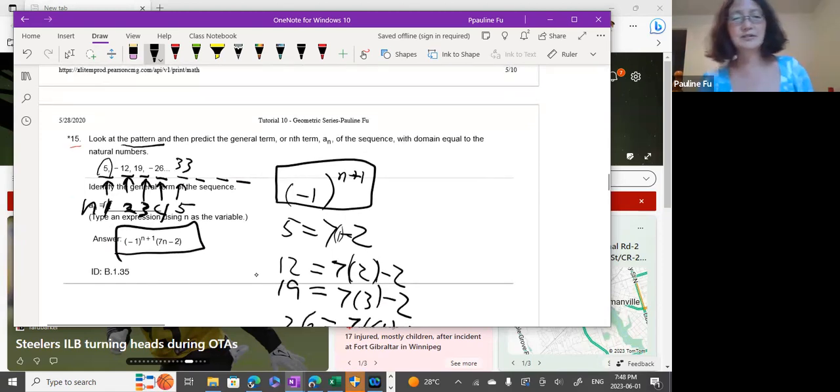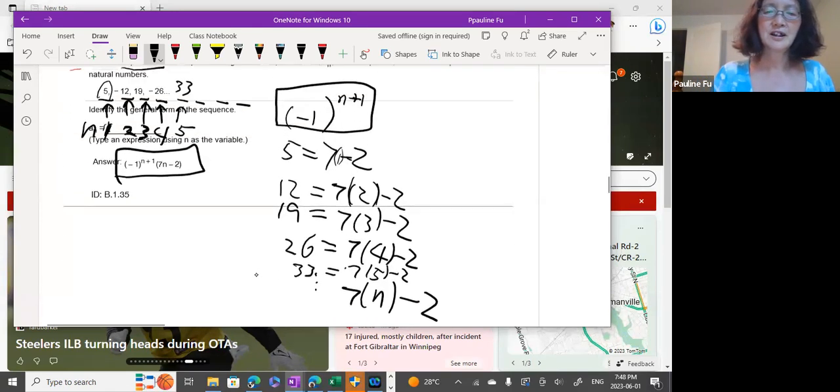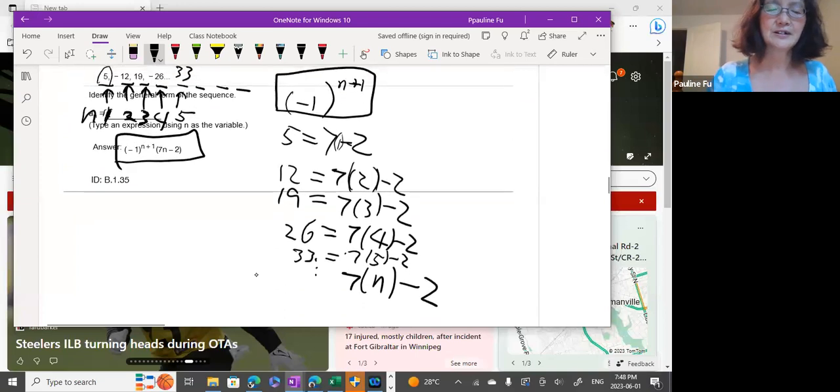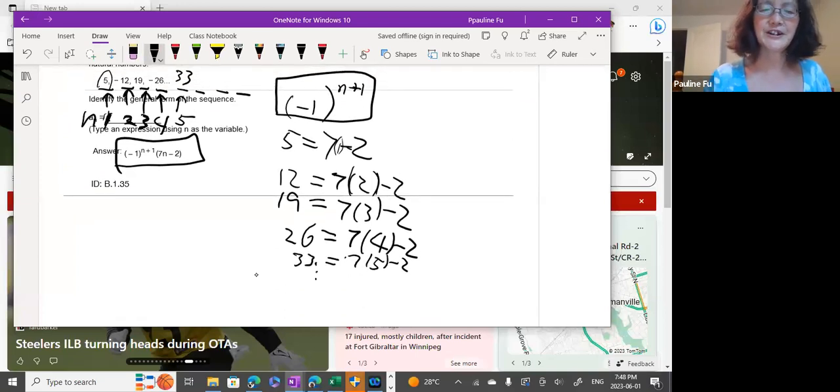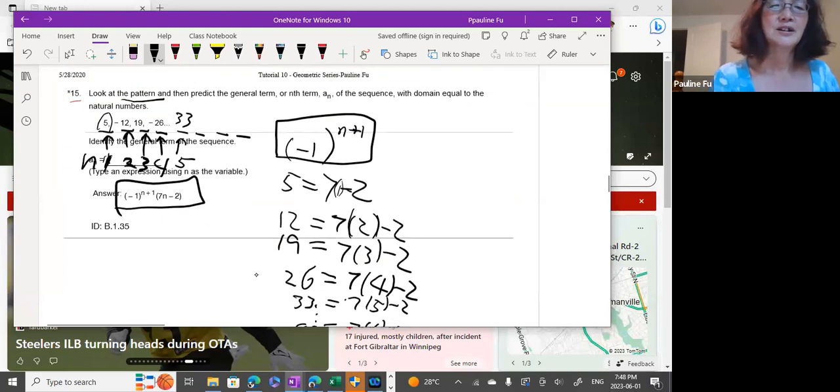Then how do you get the number in position 6? You use 7 times 6 minus 2 equals 40. But the next number must be negative. So it should be negative 40 is the next number.